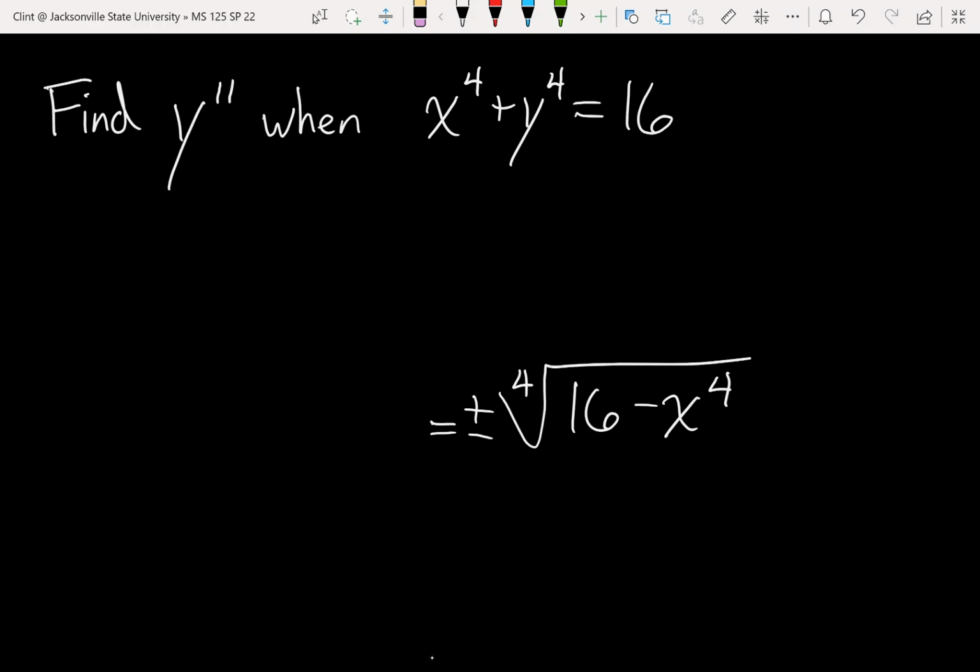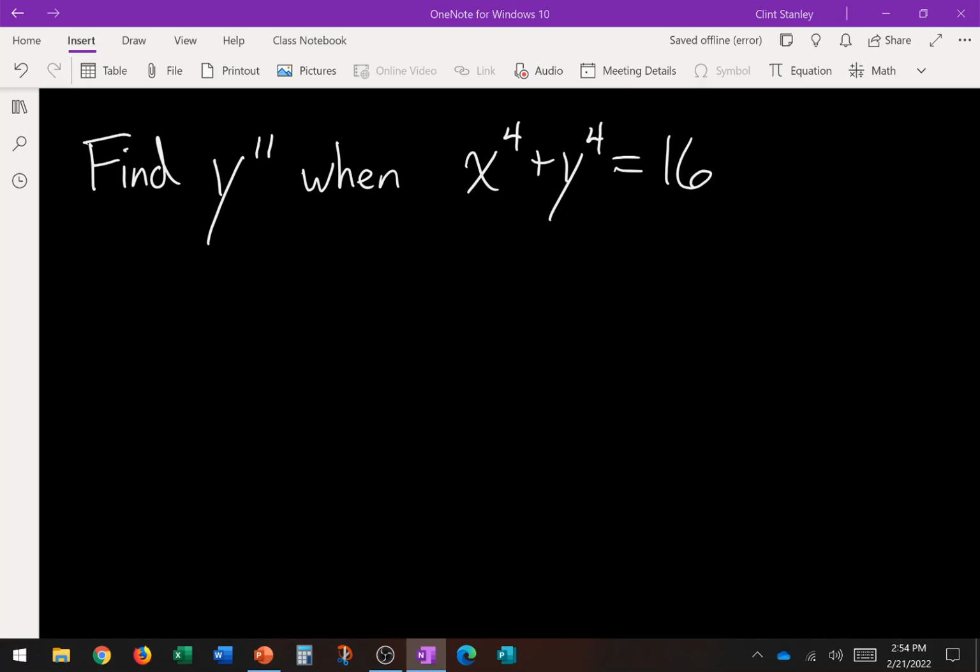Anybody know what this graph looks like? So what does that equation look kind of like? It looks kind of like the equation for the circle. We just have different exponents, right? We got to the fourth power something there. So it won't take but a second. Let's look at it real quick.